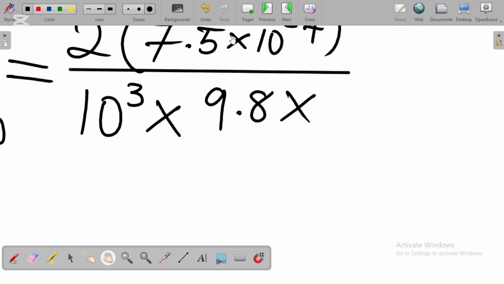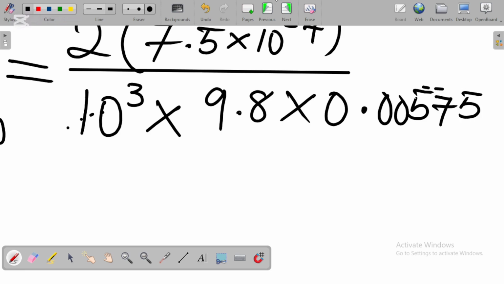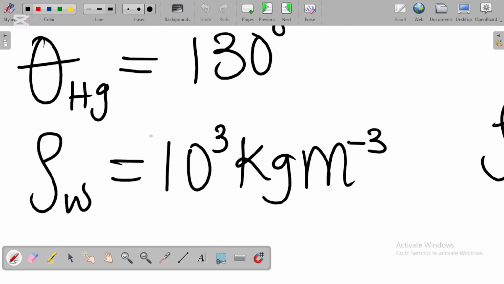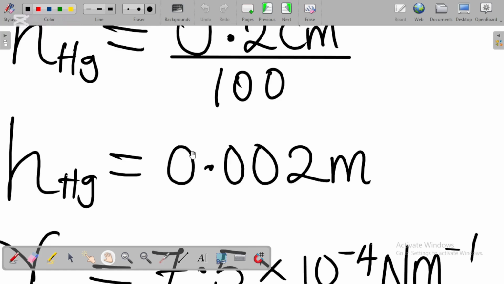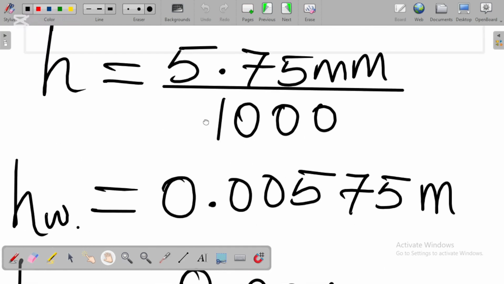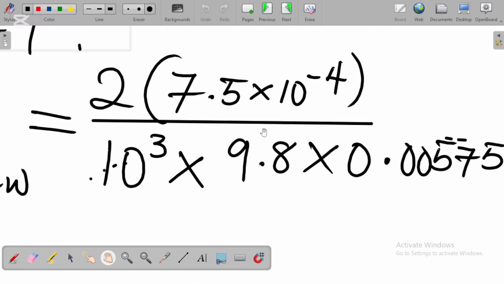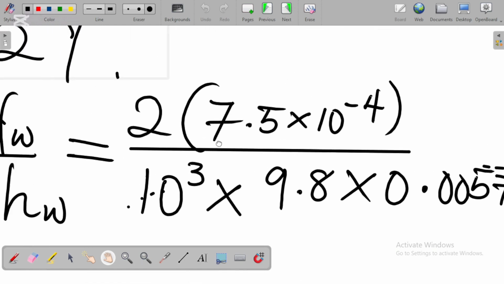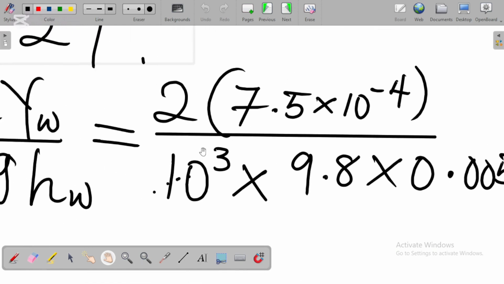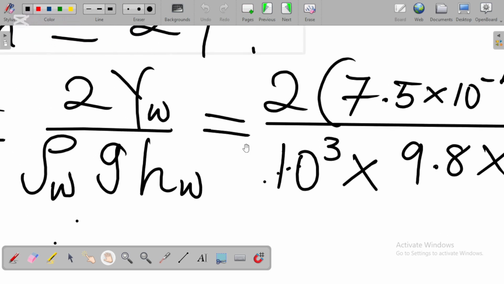From the question, the height of the water is 0.00575. Let's cross check. The height of the water is 0.00575. Alright, so at this point, kindly punch your calculator and confirm the answer.